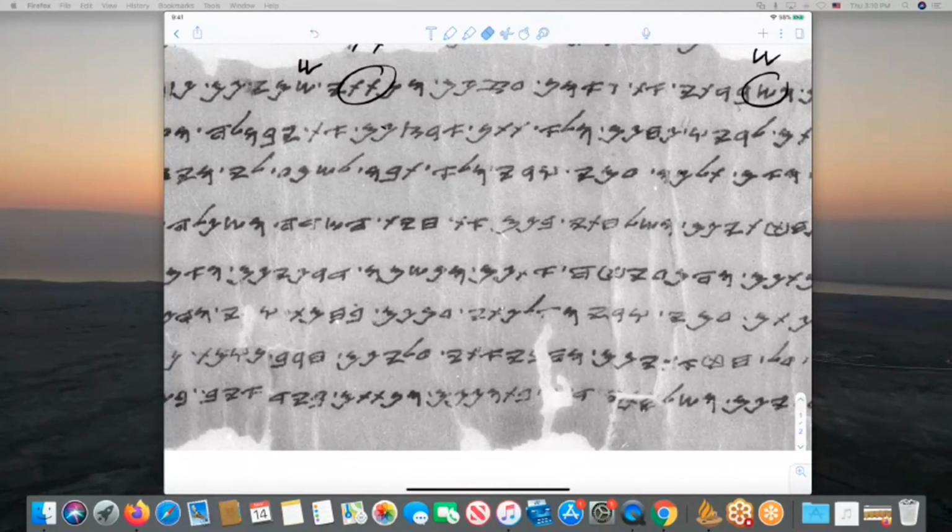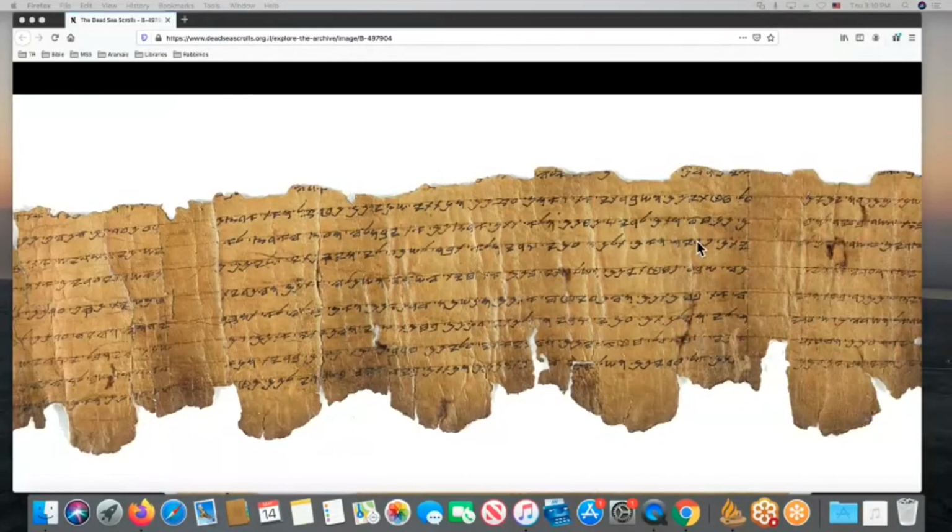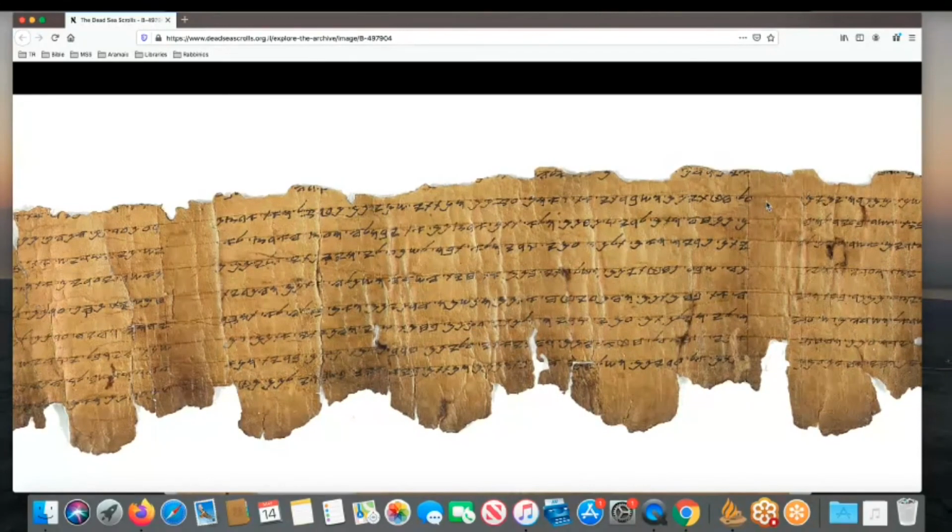We don't know much about that, but we can see that they took great care in writing this and planning it out. You can see that the lines of the manuscript are scored into the leather. So it was carefully preserved.